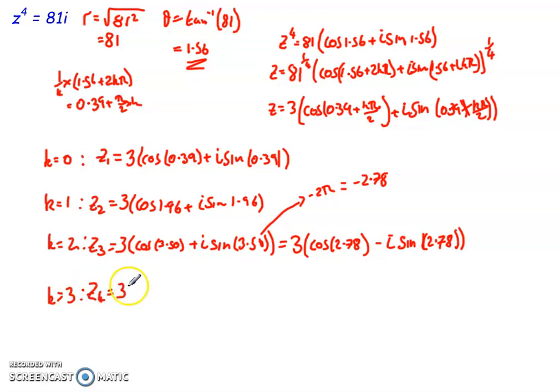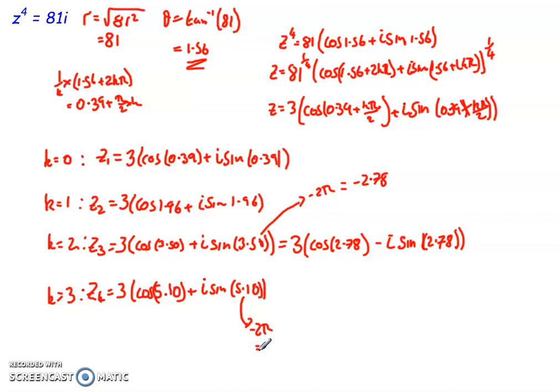Solution 4, given by when k equals 3 is substituted in, z4, that's going to give me 3 bracket cos of 5.10 plus I sine of 5.10. Now again, this is out with the negative pi to pi range. So again, what I'm going to do is take away 2 pi from this to bring it back into the range.